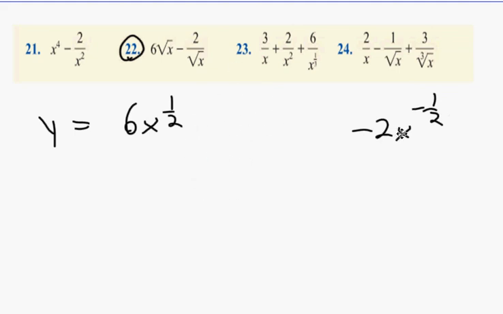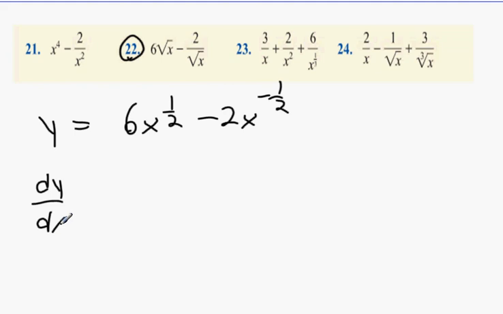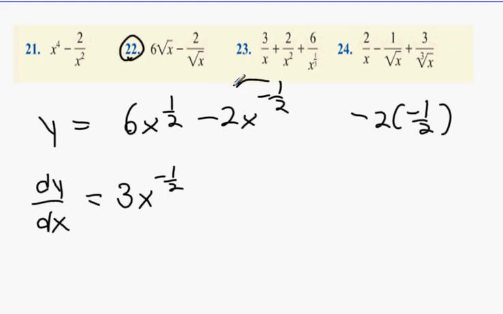Now, it's exactly the same as two questions put together. So the first one is going to be a half multiplied by 6, which is 3. Take 1 away from a half: minus a half. Then minus a half times minus 2 is plus 1, and take 1 away from the power.